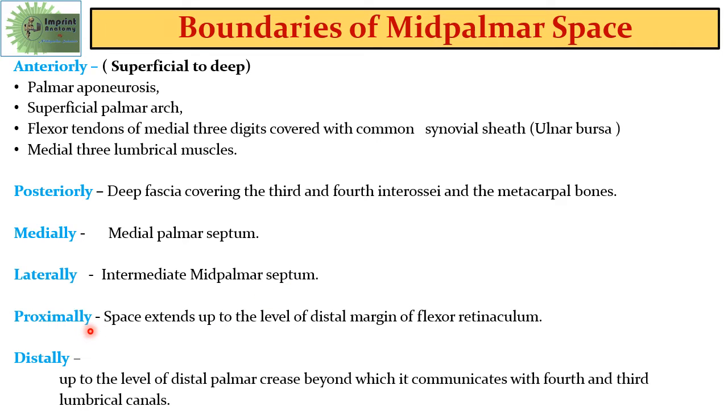Proximally, towards the forearm, the space extends up to the level of the distal margin of the flexor retinaculum. Then distally, towards the fingers, it extends up to the distal palmar crest, beyond which it communicates with the fourth and third lumbrical canals. Let's see these boundaries on the diagram.